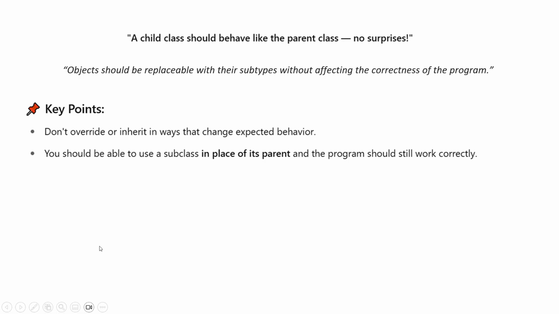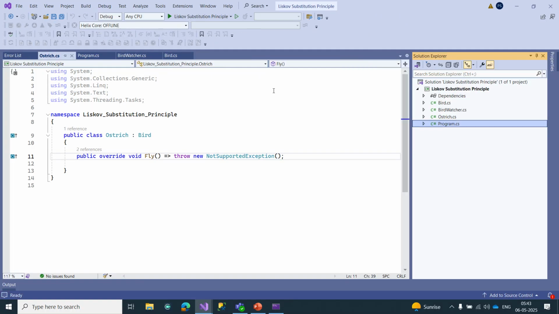So the key point to remember here is: don't override or inherit in a way that changes the expected behavior. This will be very much clear when we dive into the practical. So without wasting much time, let us go to the experiment.